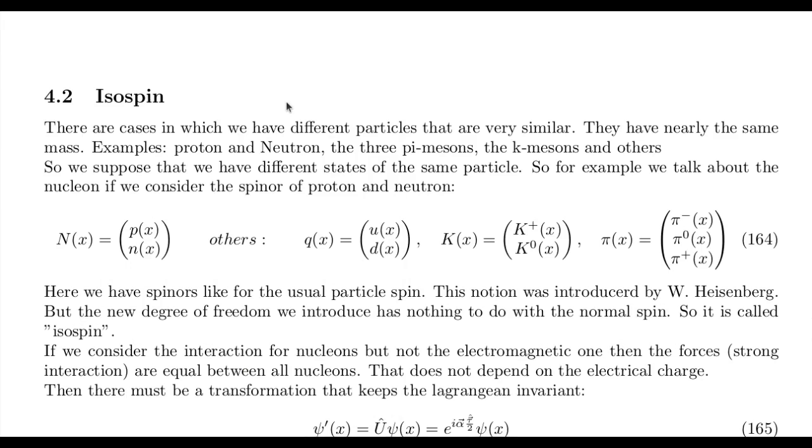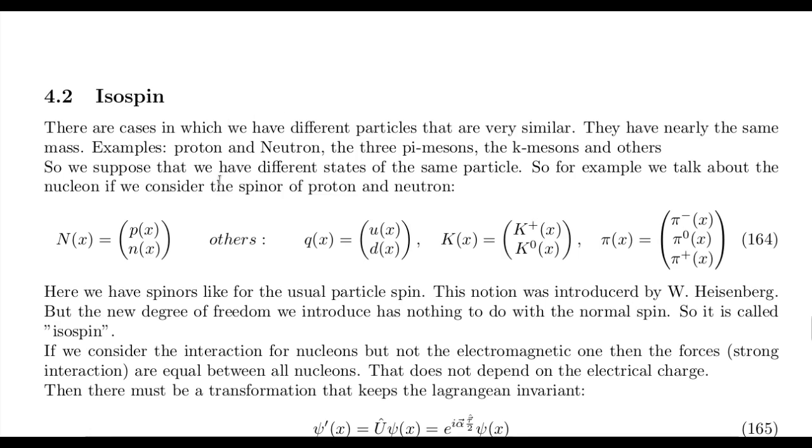Now we introduce the isospin. If we look at the elementary particles, then we find some groups which have nearly the same mass but different electrical charges. Examples are the proton and neutron, or the 3 pi mesons, and others. We suppose that we have only different states of the same particle.